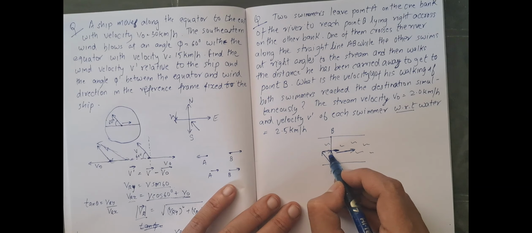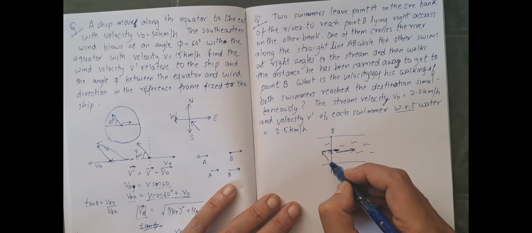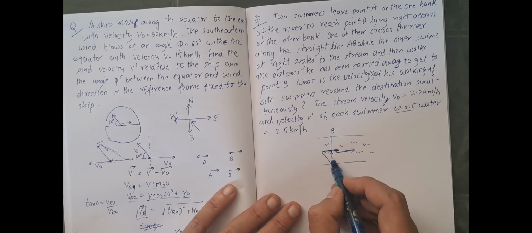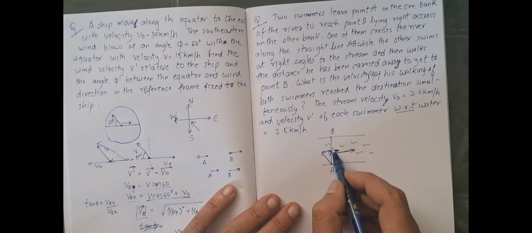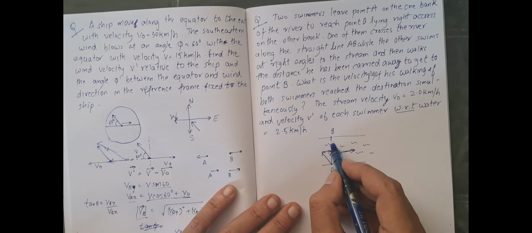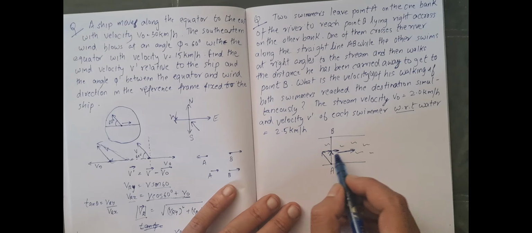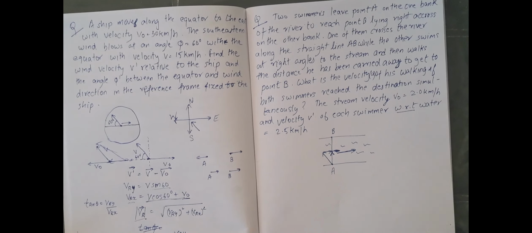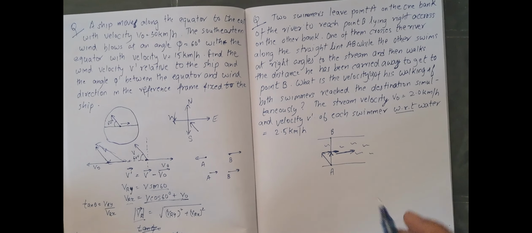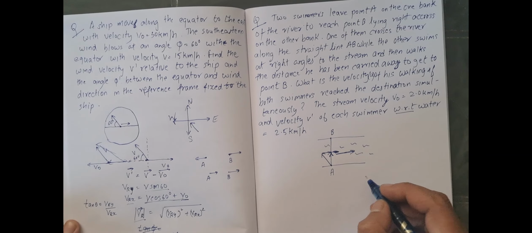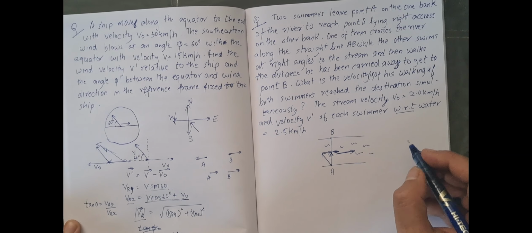So the river velocity was like this, the swimmer velocity was like this, so that is why the resultant velocity was like this. And this resultant velocity was such that the swimmer swam exactly perpendicular to the flow of the river, right? So the vectors are like this.